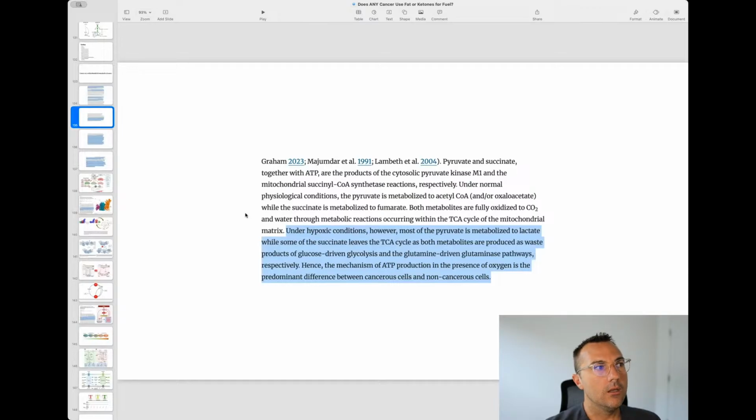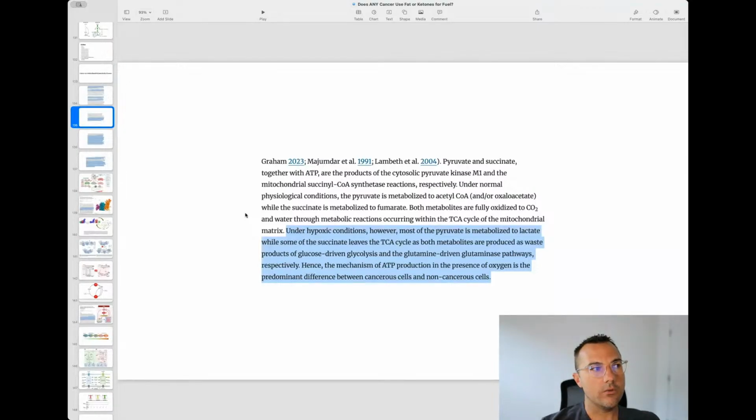So again, the central thesis behind the genetic theory of cancer is that these altered genes are upregulating all of the machinery necessary for these cells to replicate out of control. But the big but here is that they believe, or most believe, that OXPHOS is still intact.